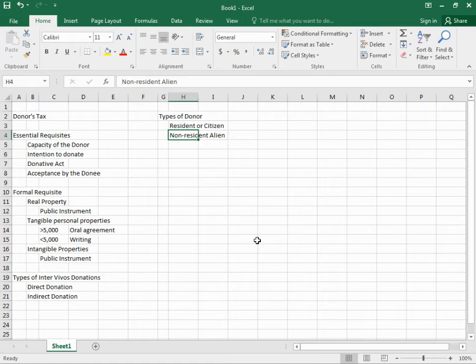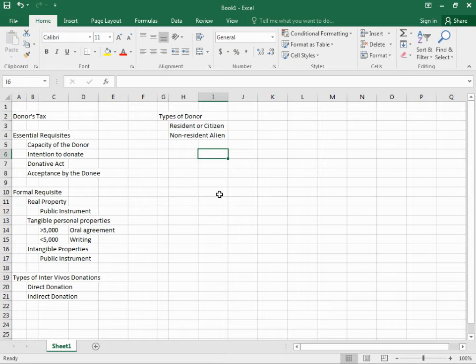Okay? Except for intangible personal properties, because this is subject to the reciprocity conditions. Okay? So kapag non-taxable siya, kapag ang donation ng intangible properties sa residency niya is non-taxable, then it will not also be taxed here in the Philippines.